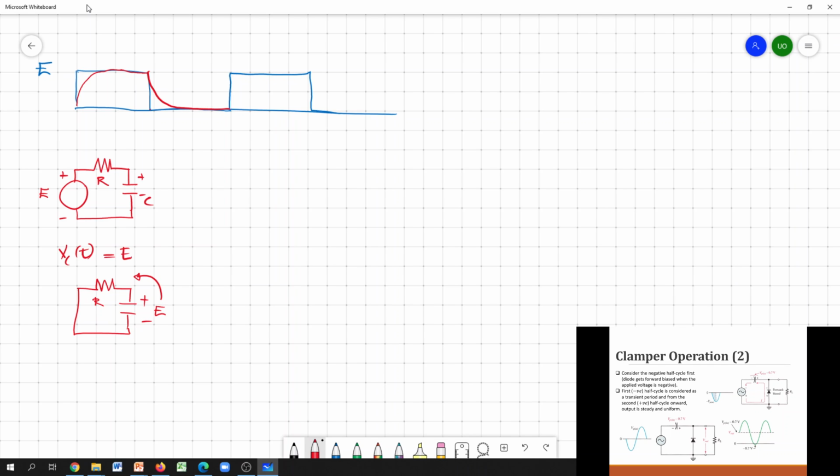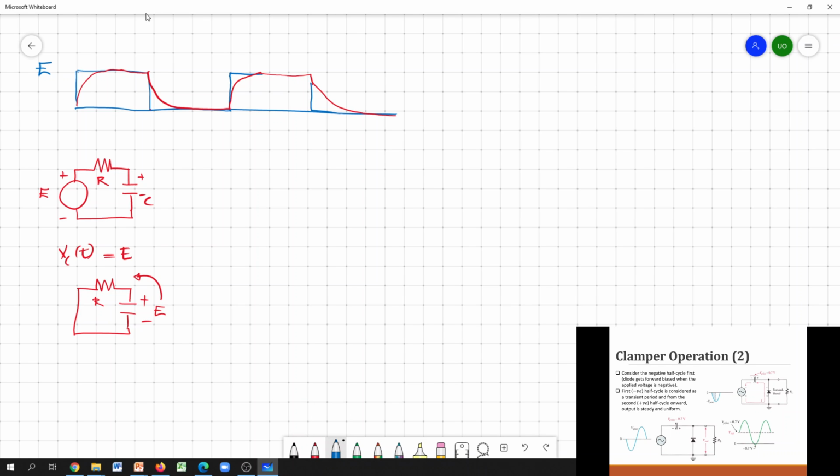So once it's discharged to zero, you connect the same E source again to the circuit, and then it again tends to charge. Then again discharge.